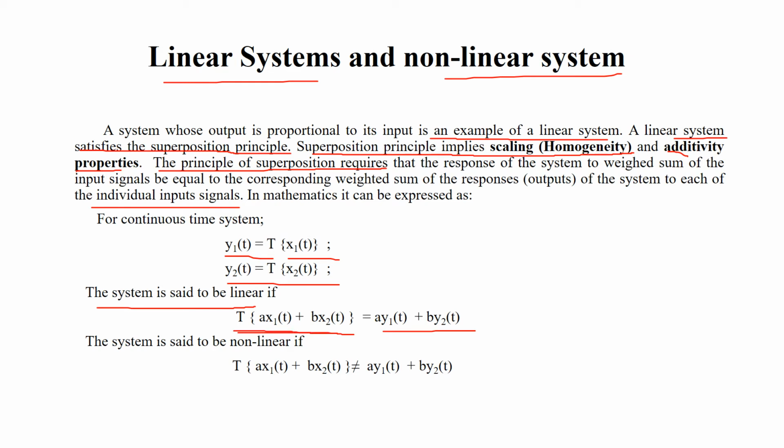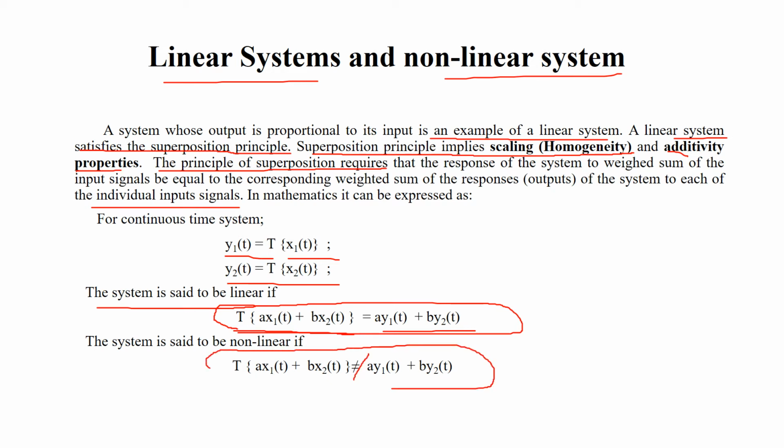If this is satisfied, then the given system is linear. If this is not satisfied, then the given system is non-linear. So here a x1 of t plus b x2 of t is nothing but the linear combination of the inputs, equal to the linear combination of the outputs.